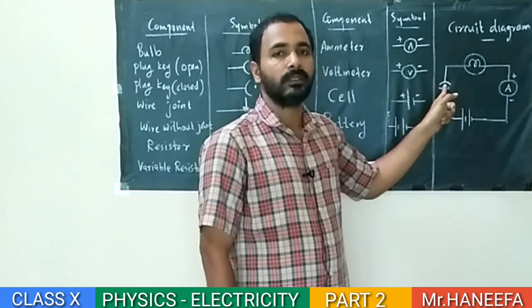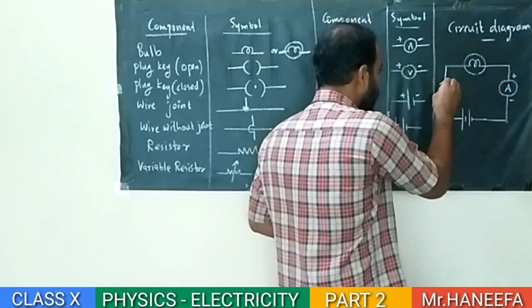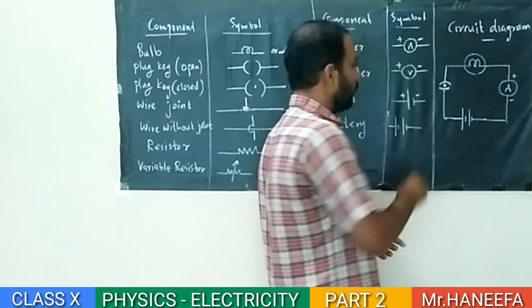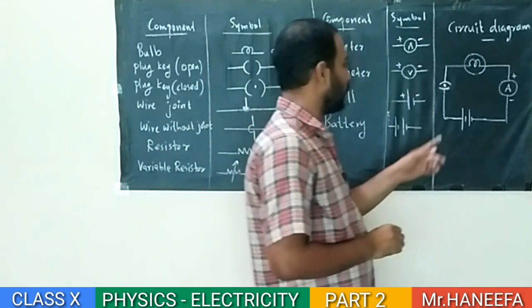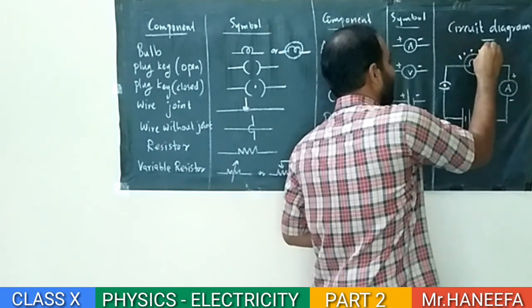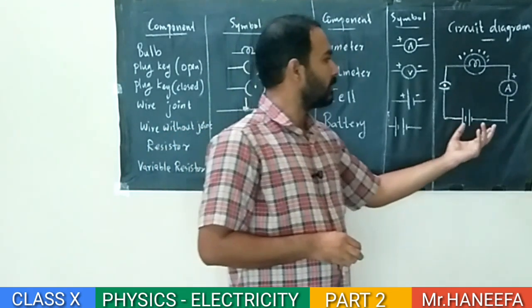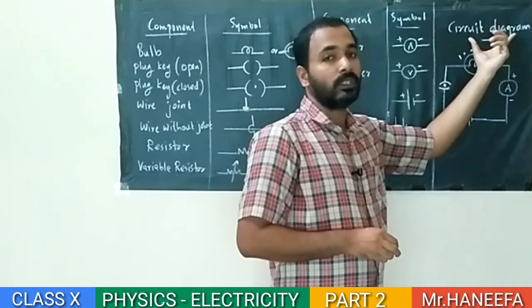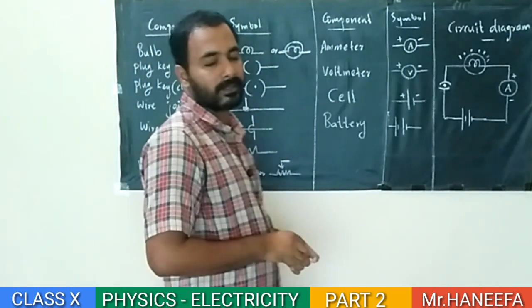Switch is open means switch off. When switch is on, what happens? Electric current passes through this electric bulb and electric bulb glows. This is an example for circuit diagram using these symbols.